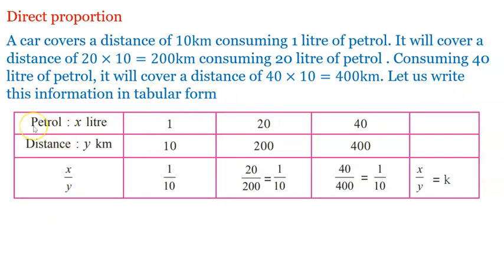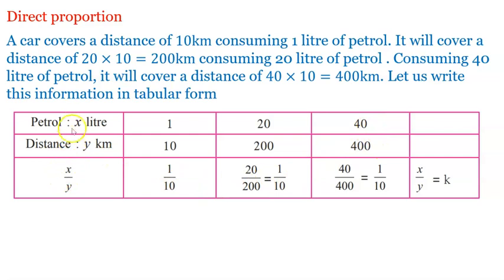First row is petrol x liter: in 1 liter, it will cover a distance of 10 kilometers. In 20 liters, it will cover 20 into 10, that is 200. In 40 liters, again 40 into 10, you will get 400.